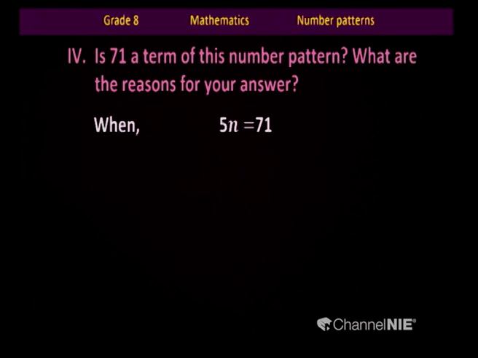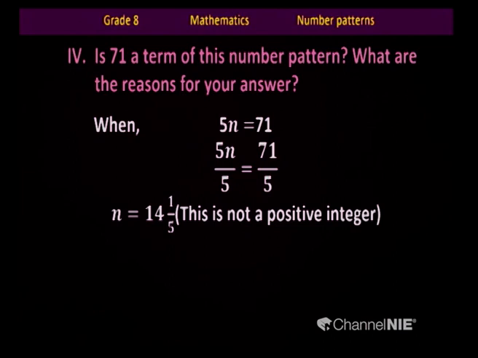Once again 5n means 5 multiplied by n. Therefore, to simplify this we have to divide both sides by 5. Therefore, it becomes 5n divided by 5 equals 71 divided by 5. So, here we can get an answer for n as 14 1/5. There the answer is not a positive integer.